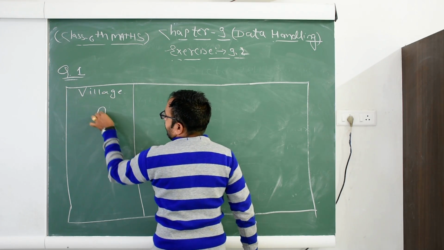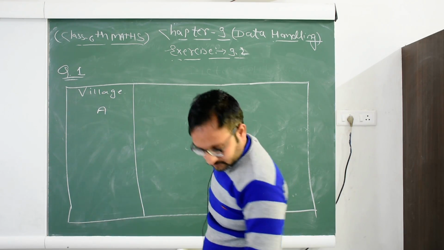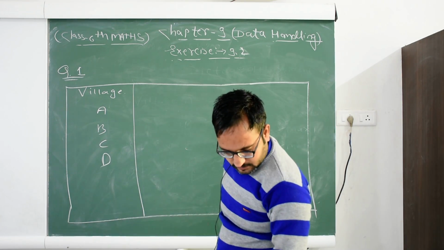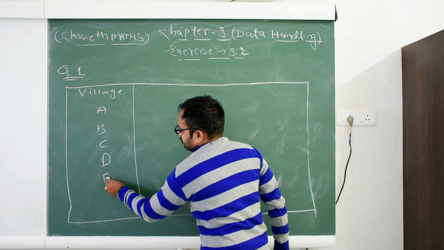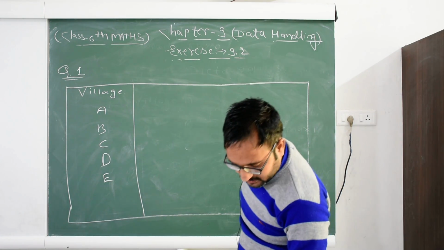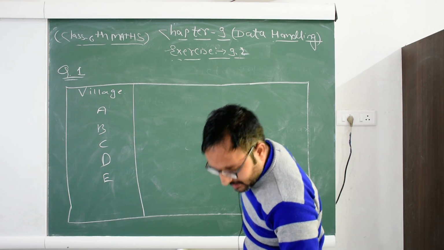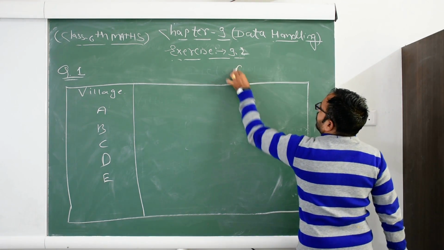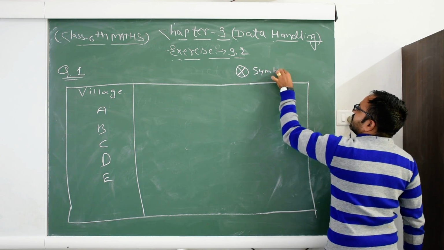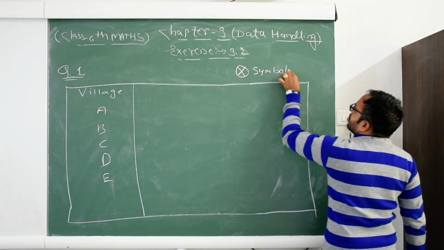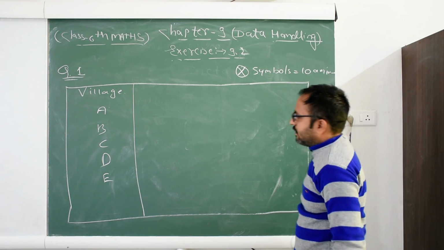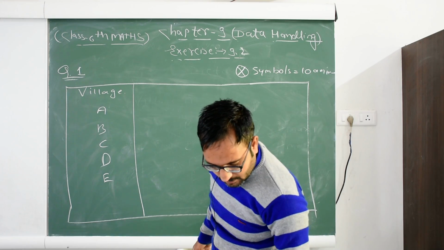Village A, B, C, D and E. Now one symbol represents 10 animals.